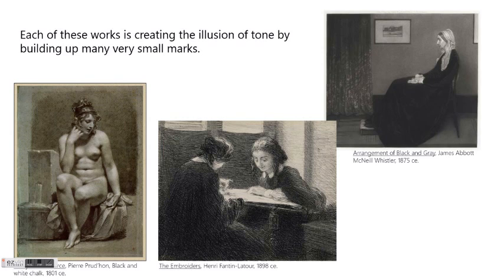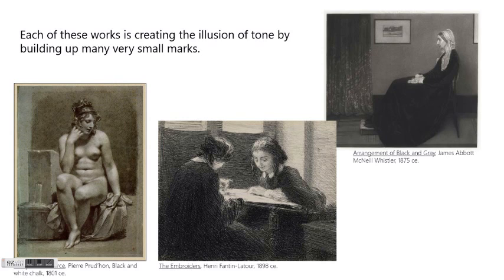Each of these, to a lesser degree, is made up of tone made out of small marks. Obviously, the Whistler print there feels much more like pure tone. The tone is created by little tiny dots of ink that are created from the plate, but it's not as visible.